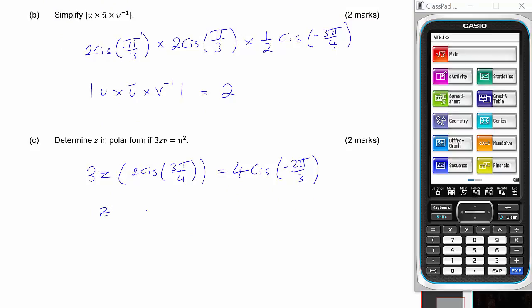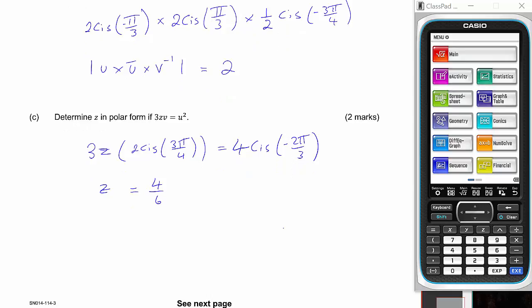So z is going to be, so 3 times 2 is 6 here, so it's going to be 4 over 6, and then we're going to have cis negative 2 pi by 3 over cis 3 pi by 4. So that's 2/3 cis. Now let's think about that.